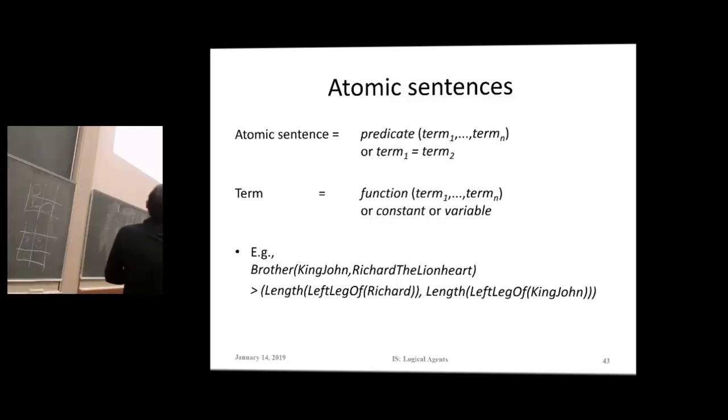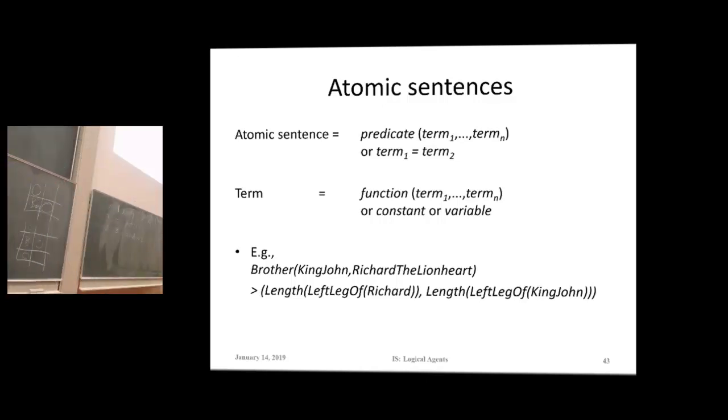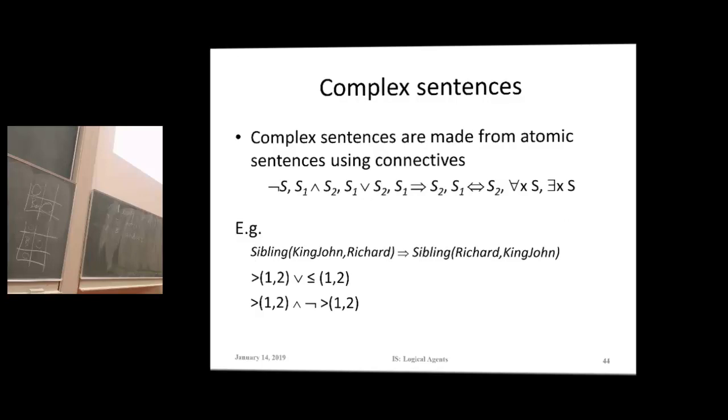So we can say things like the brother of King John is Richard Lionheart. We can make statements that the length of the left leg of Richard is bigger than the length of the left leg of King John. These kinds of statements we can now say in this language. Of course, this makes it far more powerful.